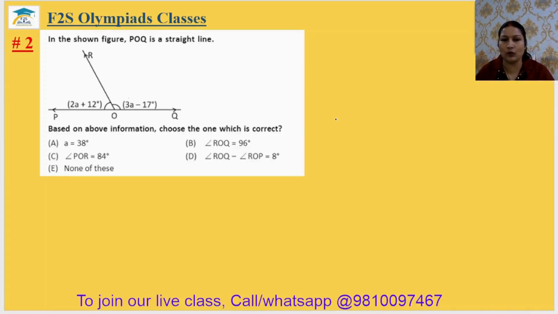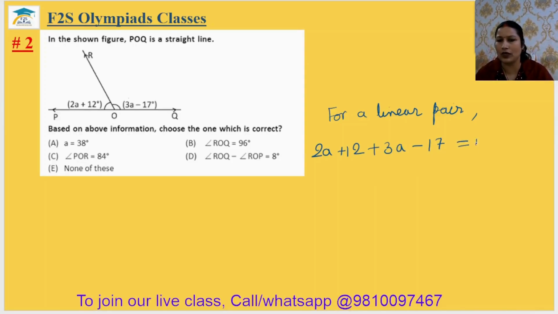So using this property, for a linear pair, 2A plus 12 plus 3A minus 17 should be equal to 180.